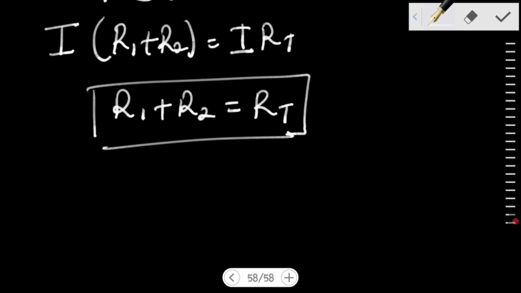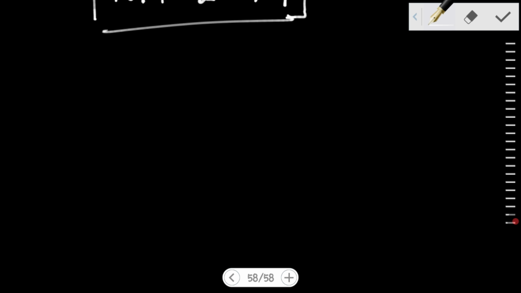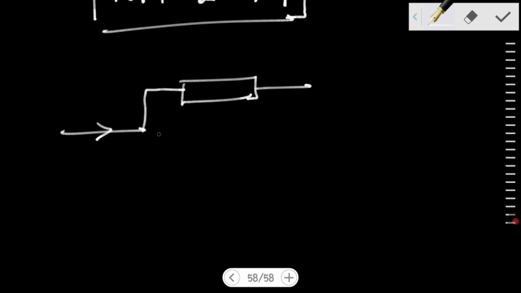Now in the same way, let's say resistors are connected in parallel. Let's consider a point where current is flowing in. I have a resistor at this point, and at this point I'm also having a resistor.